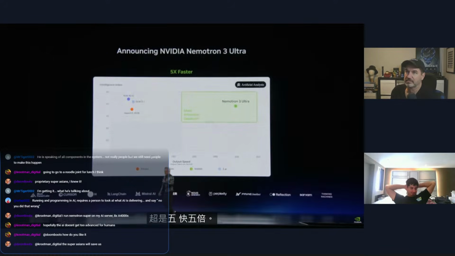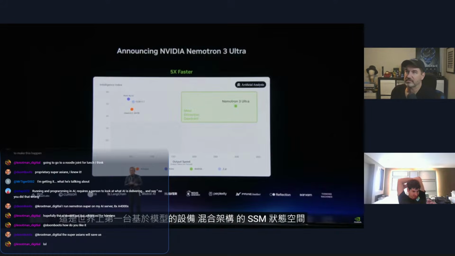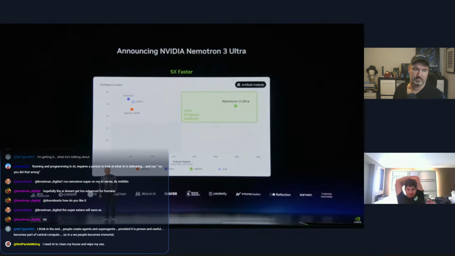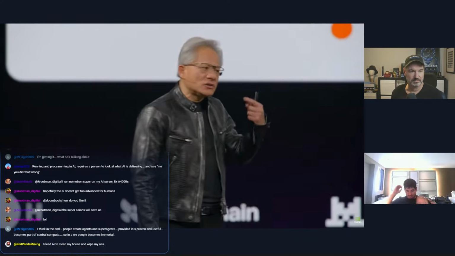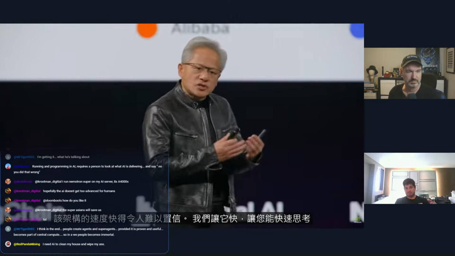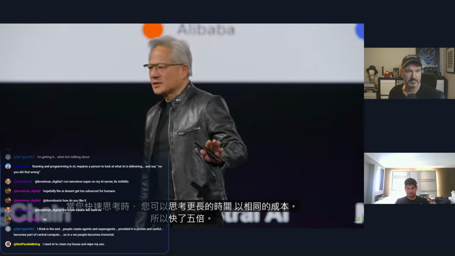This is the world's first model based on a hybrid architecture of SSM, state space models, with mixture of experts. The architecture is incredibly fast. We made it fast so that you could think fast. When you think fast, you could think longer at the same cost. So 5 times faster.